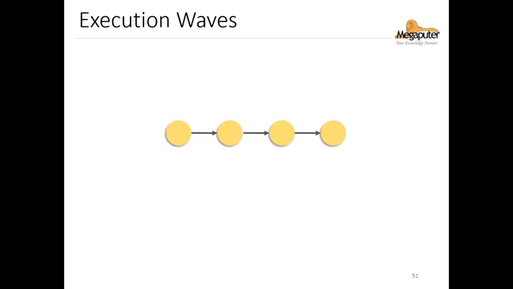The execution wave for this series of nodes will start from, in this case, the leftmost, because the arrows are pointing to the right. And it will continue sequentially to the right. So first node will execute, and then the next one, and then the next one, and then the next one, which is probably what you would expect.